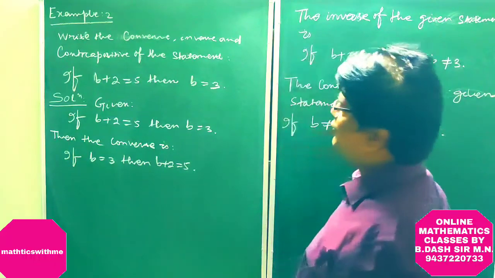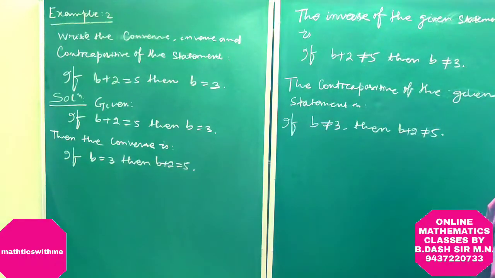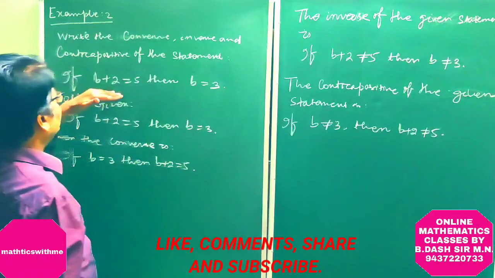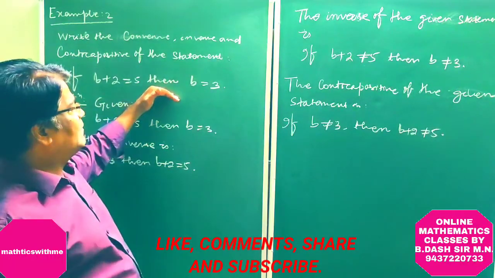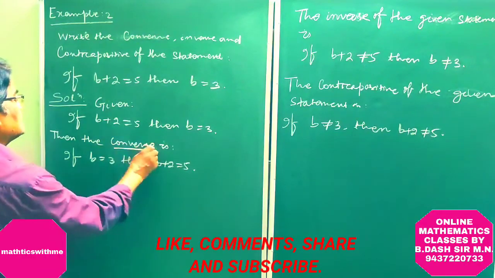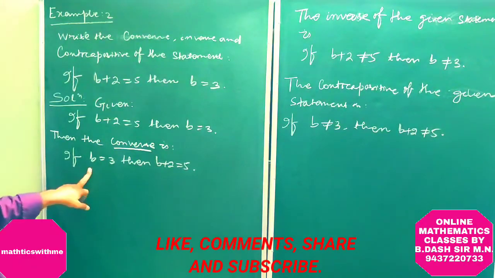So here the question is, we have to write the converse, inverse and contrapositive of the statement: if b plus 2 is equal to 5, then b is equal to 3. Then the converse of the above statement will be, if b is equal to 3, then b plus 2 is equal to 5.